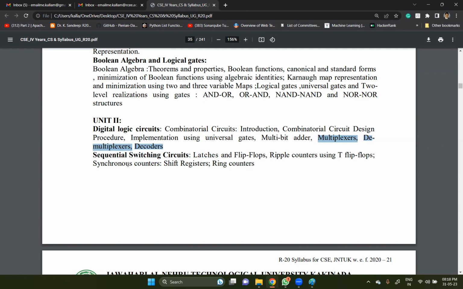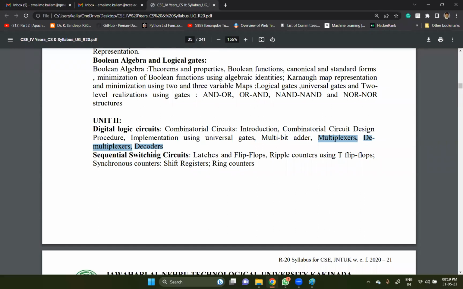Understanding of sequential circuits is very important, because sequential circuits play a very vital role in logic circuits. Random access memory, readable memory, or any full-fledged transistors, I mean ICs, integrated circuits, are constructed with sequential circuits only.